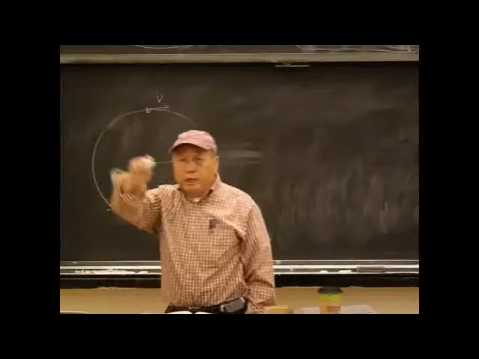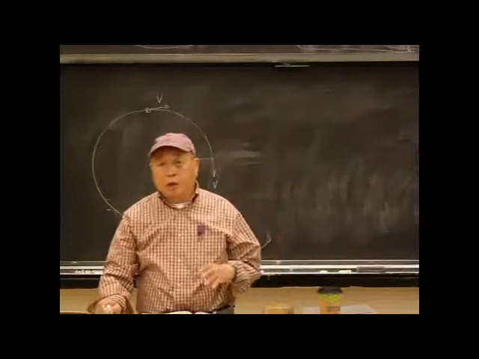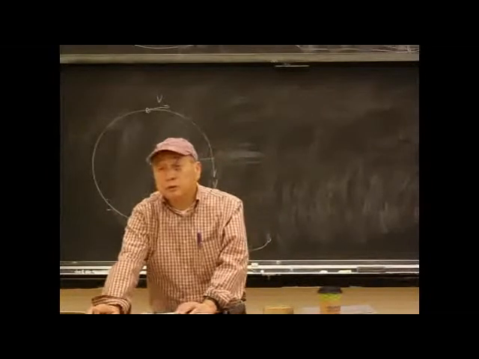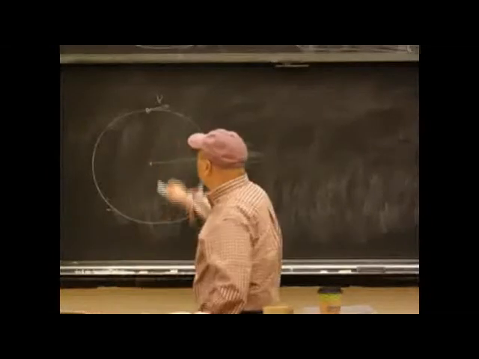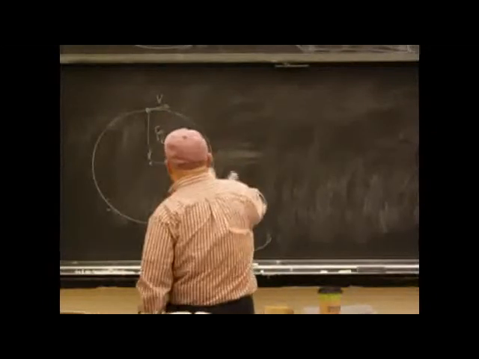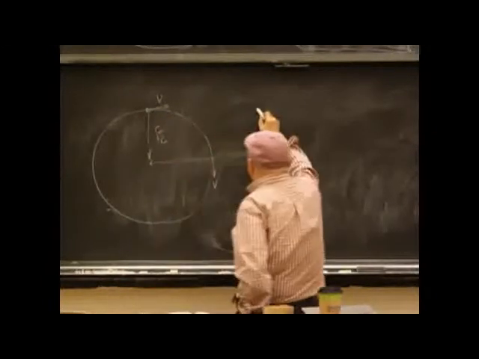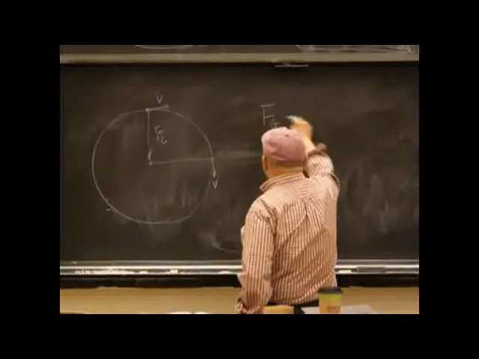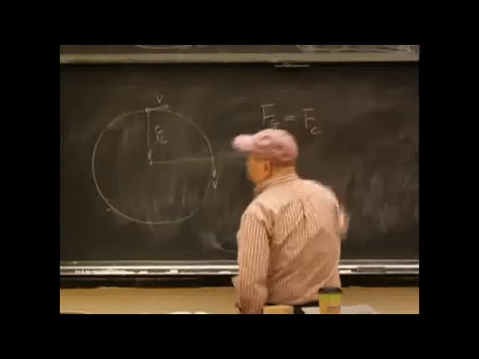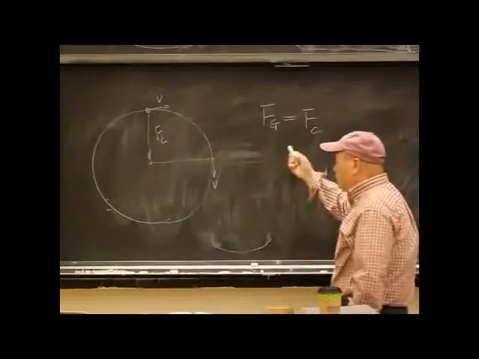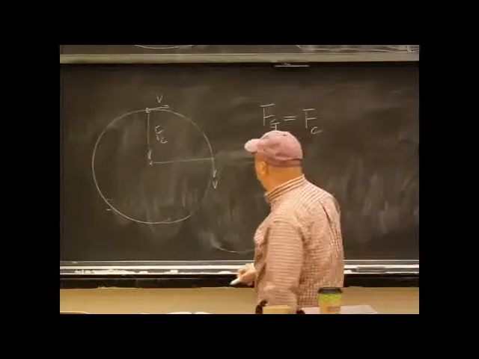During this circular motion, two forces are important. One is F sub C, the centripetal force. Another one is the gravitational force. So F sub G is equal to F sub C. If you use this as a base, then you can develop the whole formula.